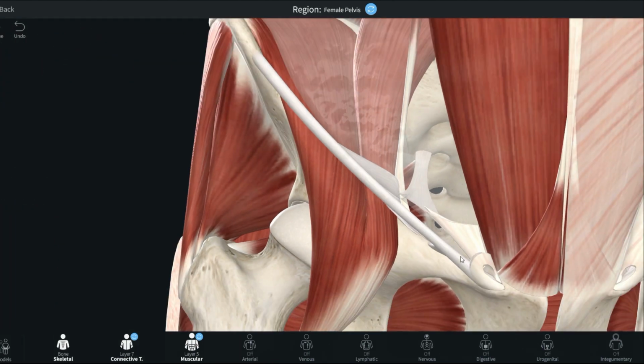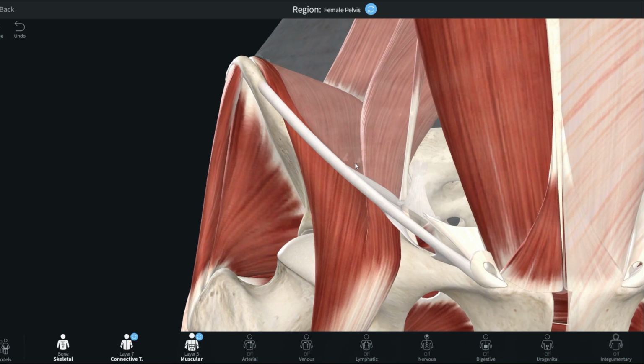So what is the mid-inguinal point? This is the inguinal ligament. There is a midpoint of this inguinal ligament, and that point is called the midpoint of the inguinal ligament.